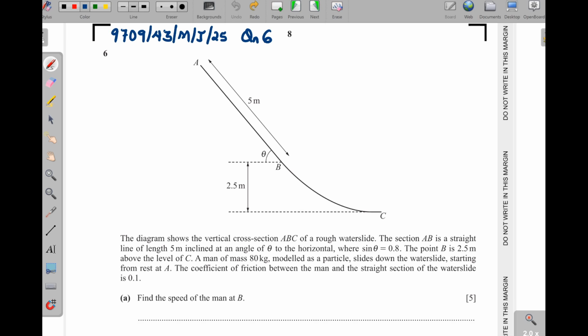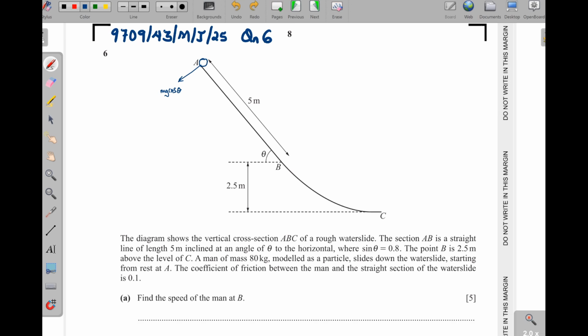Now, they said that ABC is a rough slide, so there is frictional force. If this man is here, who is taken as a particle, then of course this is the mg cosine of theta. Remember mg is vertical, so the angle is in there. So we resolve, we put mg here, and then we also put mg sine theta.